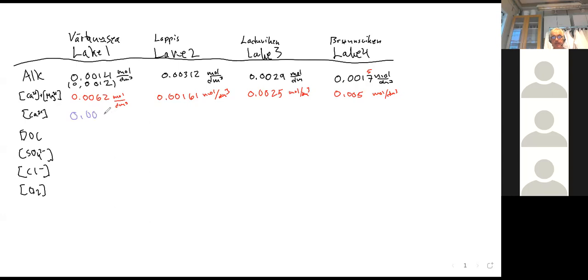And calcium ions only then? I have one for Lake 1. It's 0.0016. Yeah, moles. And any more lakes? We had Lake 4, which was 0.00217 molar. And 2 and 3?